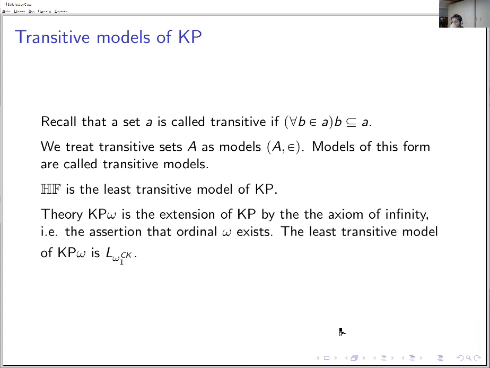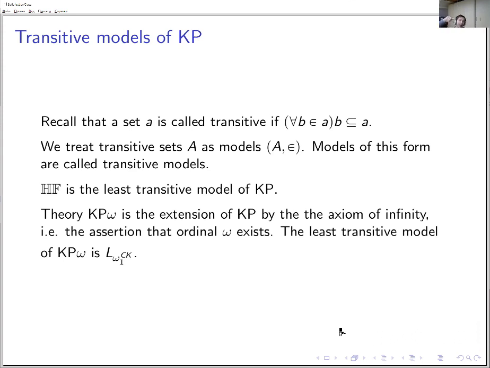We have some delta zero property in L omega 1 Church-Kleene, and some set in L omega 1 Church-Kleene.